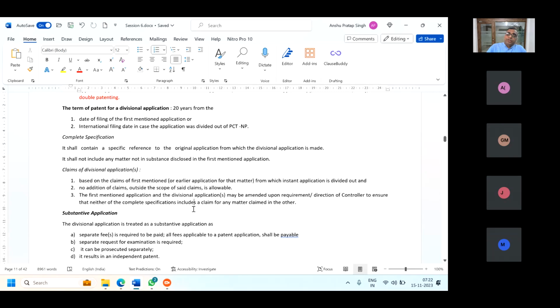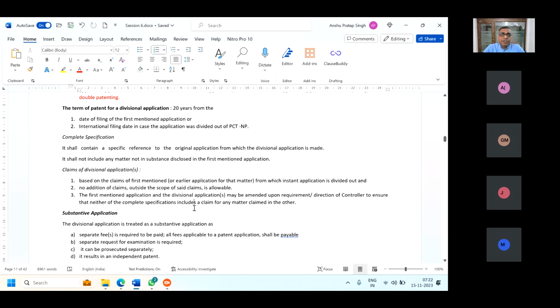Now, there is one question: is a divisional application a substantive application? Yes, a divisional application is treated as a substantive application because separate fees are required to be paid. All fees applicable to a patent application shall be paid. Once granted, it will be an independent patent.